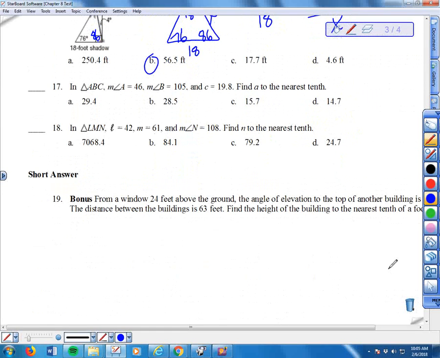Okay, I have a triangle, call it ABC. Angle A is 46, B is 105, C is 19.8. And I know angle C is 29, just subtracting it from 180. So I can use law of sines.